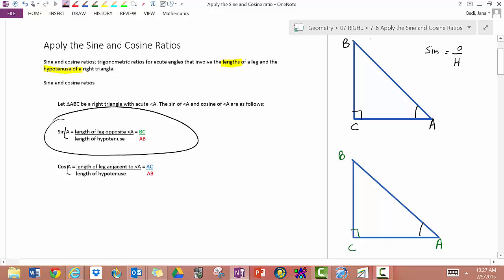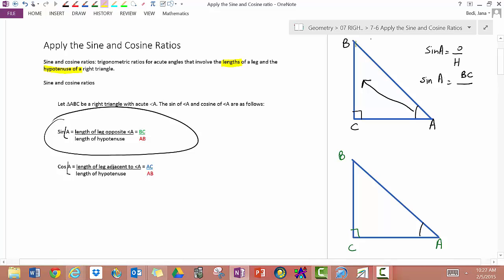So what's opposite to A? Look, that is BC, and oh, I did forget to write A. So sine of A is BC over the hypotenuse.